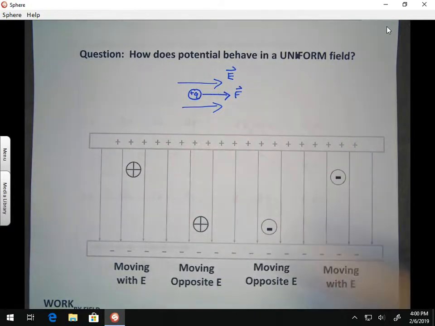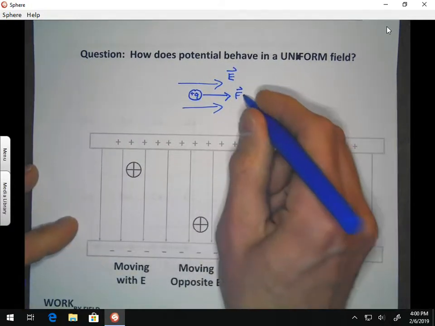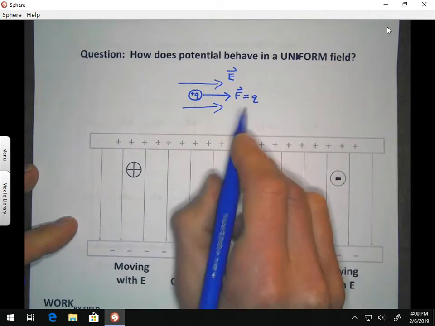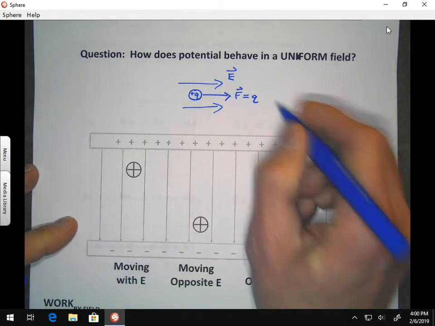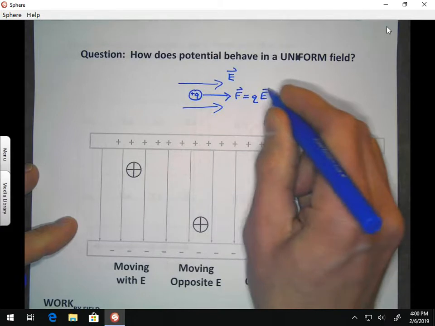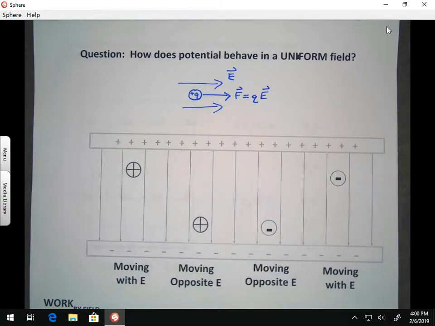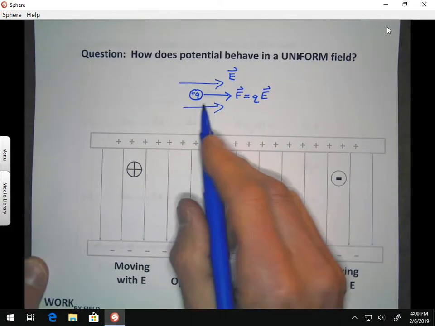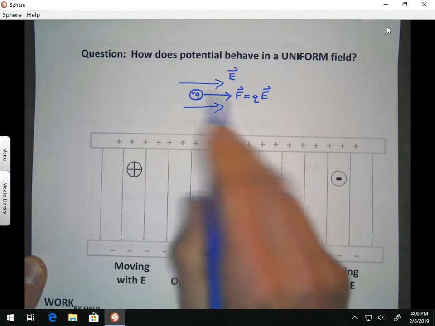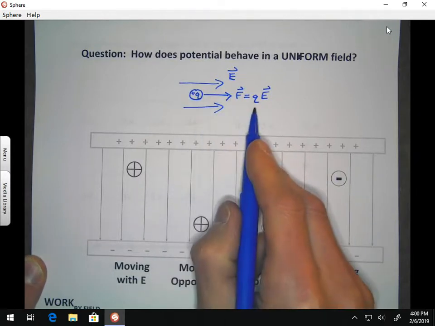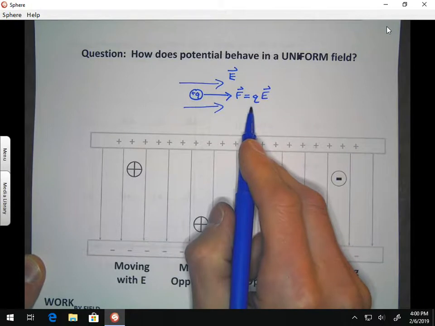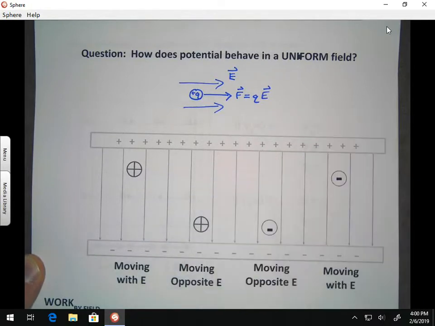So it's a constant force, and the magnitude of the force is equal to the value of this charge multiplied by the magnitude of the electric field strength. The nice thing about this is wherever you put this charge in the field, it's always going to have the same size force and the same direction force acting on it. And so that's what we mean by a uniform field.